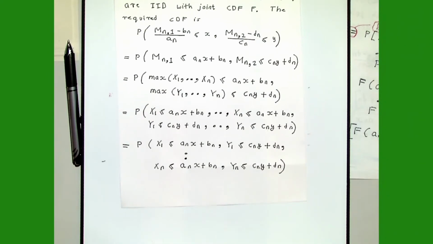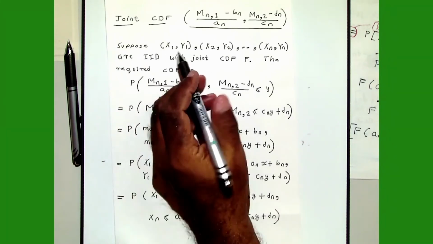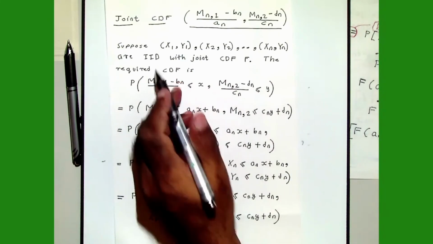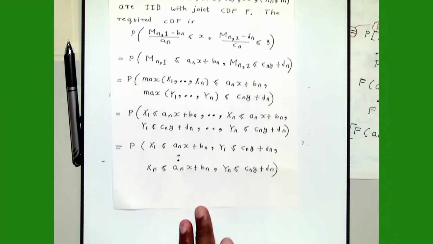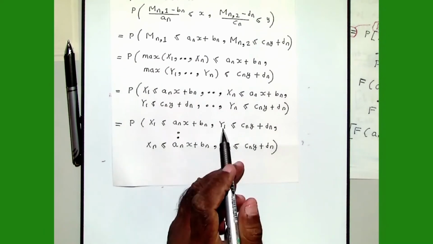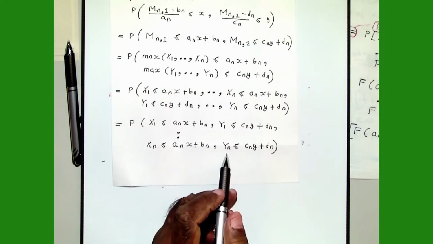Now we are assuming, if you go back to the beginning, that these are independent and identically distributed, which means that x1, y1 is independent of x2, y2, and so on until xn, yn.